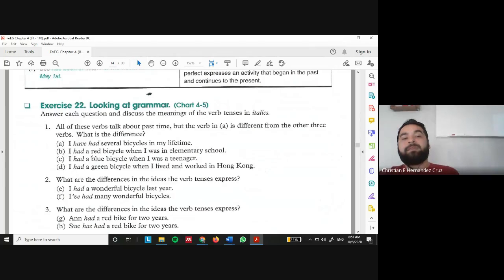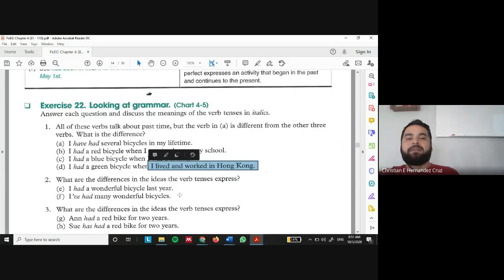Sentence C, I had a blue bicycle when I was a teenager. Once again, we're specifying the color of the bicycle and we're specifying when it happened. And finally, for sentence D, I had a green bicycle when I lived and worked in Hong Kong.